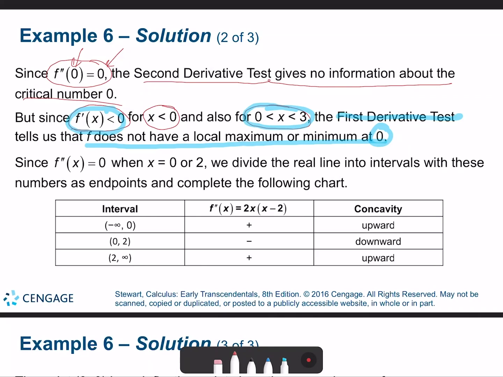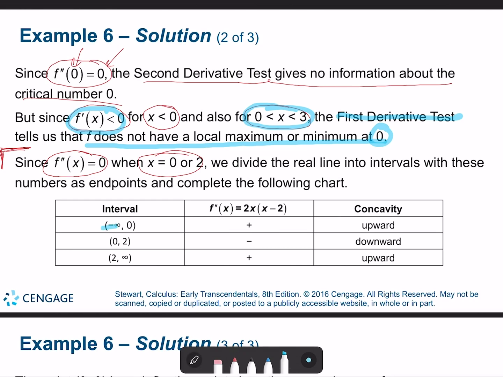Nothing at the moment. What's happening next is we're transitioning into this bottom part of the slide where, since our second derivative was equal to 0 when x equals 0 or 2, we can divide our number line, or chop up the x-axis into intervals using those numbers as endpoints.